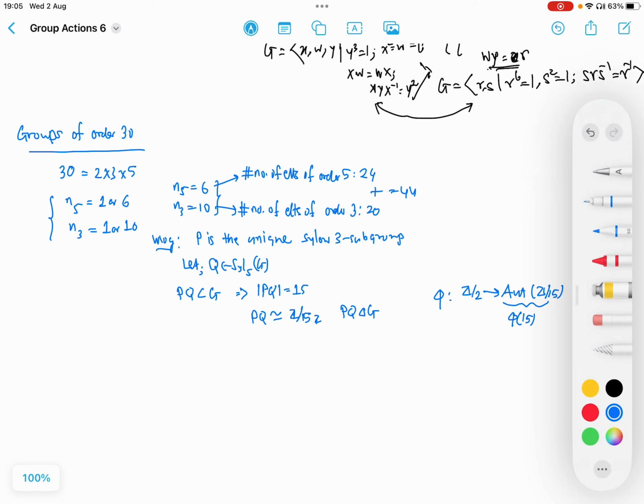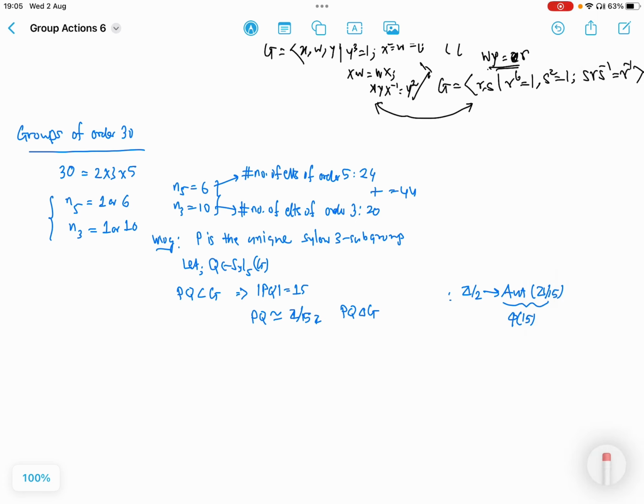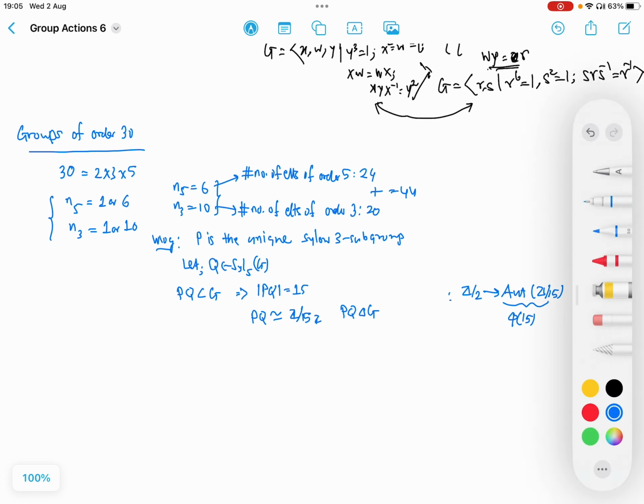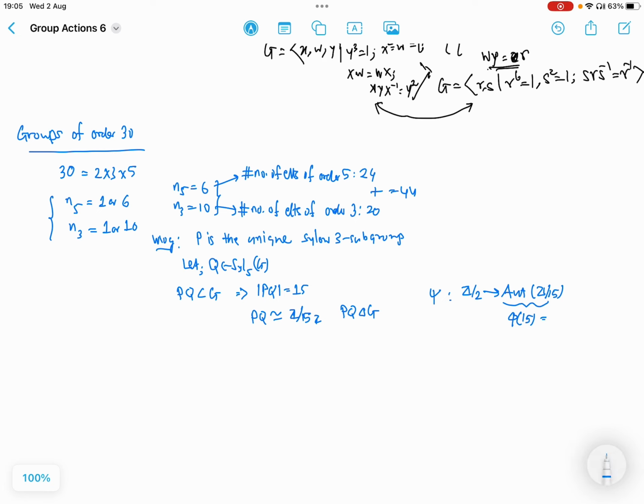I'm again confusing the notations. So this is 8. This is a cyclic group of order 8, right? So you can do it from here, and there will be 4 up to isomorphism, like there are 4 non-isomorphic groups of order 8.